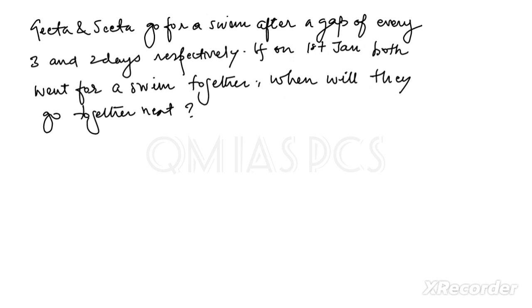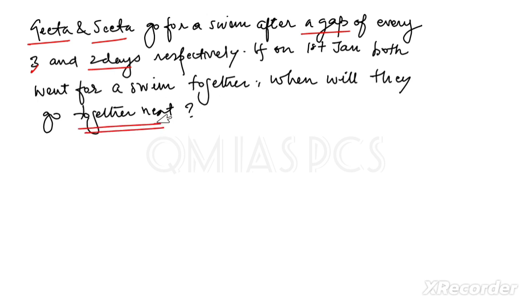See, first understand this question. Geeta and Sita go for a swim after a gap of every 3 days and 2 days respectively. For Geeta it is 3 days, for Sita it is 2 days. If on 1st January both went for a swim together, when will they go together next?